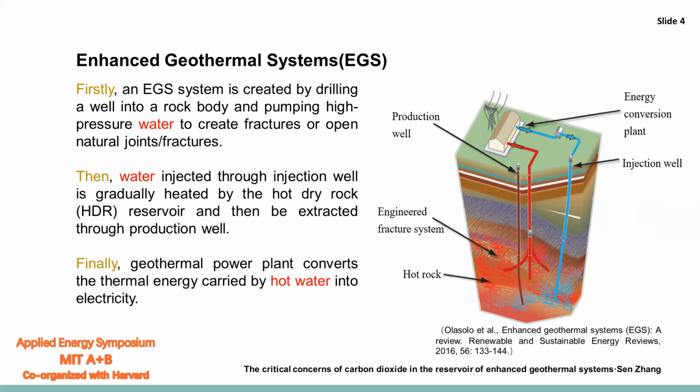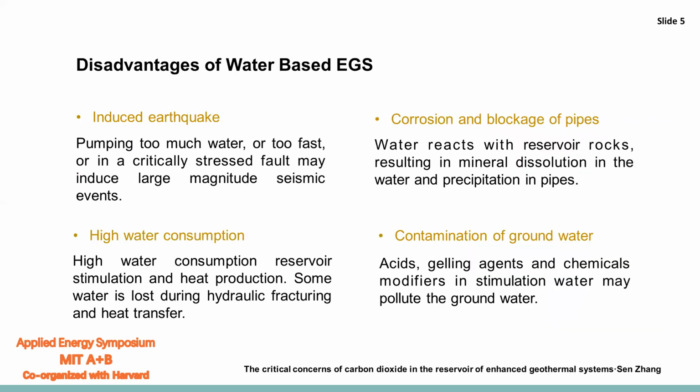Its power is based on the water. You use water to create fractures. You use water to carry the heat from the rocks. There are several disadvantages of water-based EGS, including induced earthquakes.